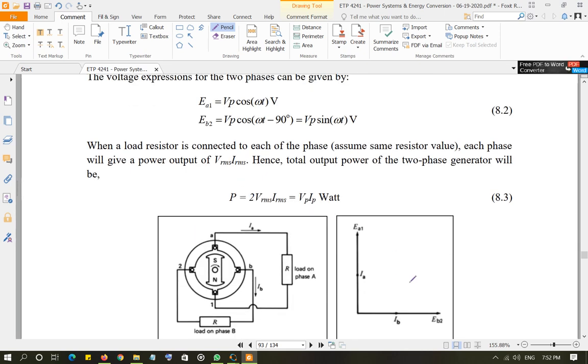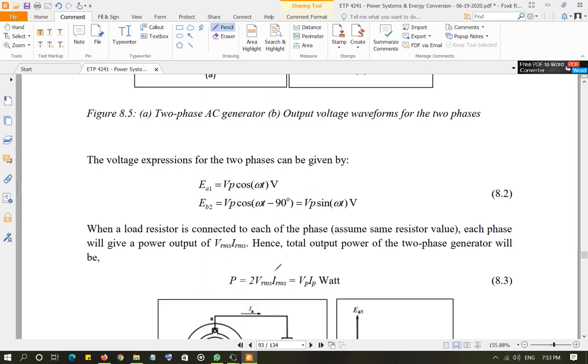How are you going to calculate the total power? Each phase is going to get Vrms, Irms. Since there are two phases, you add the power of both phases. So the total power of the system will be 2 Vrms Irms, or V peak I peak.